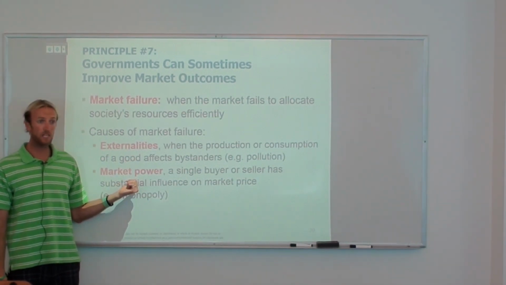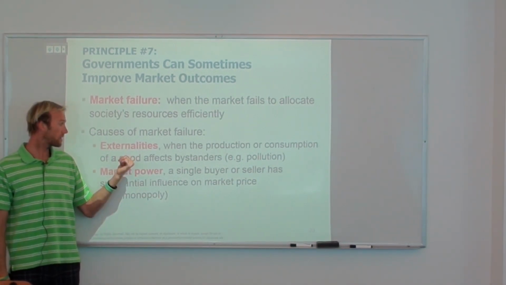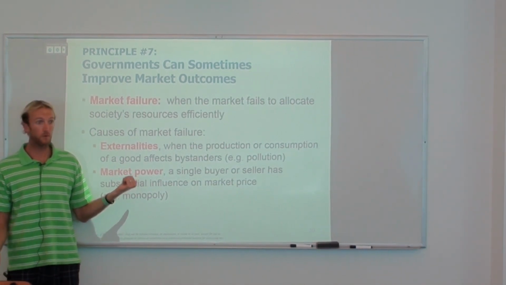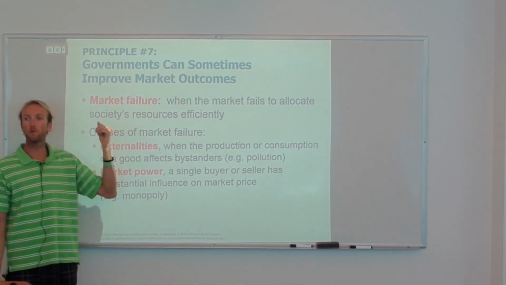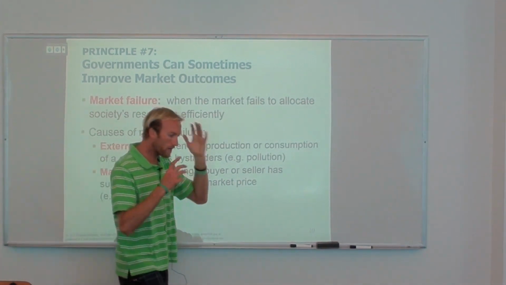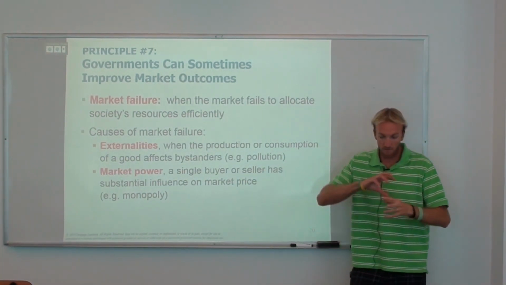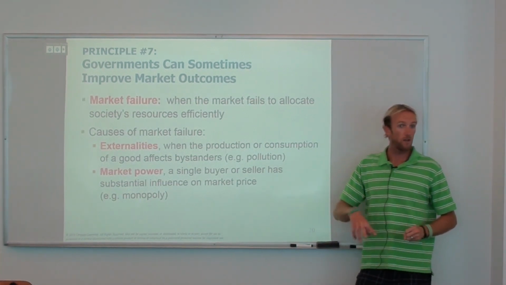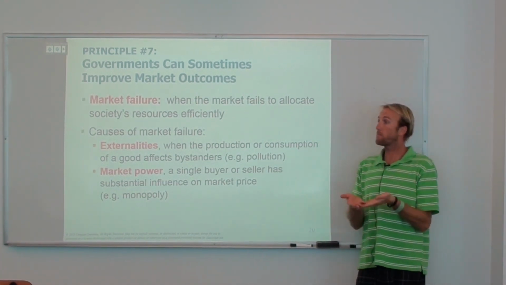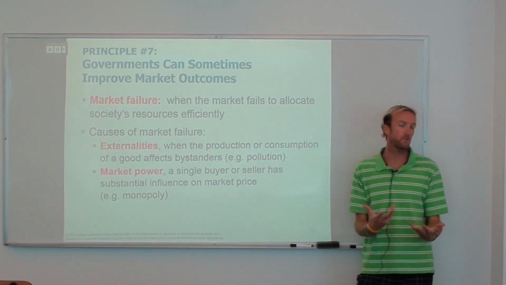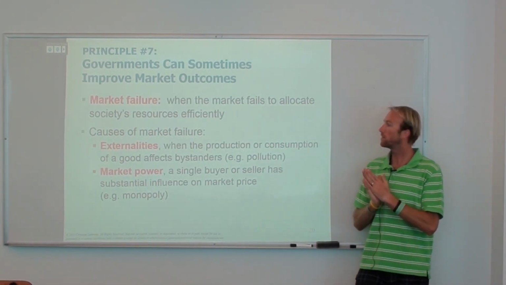If we have externalities or market power, or we don't have property rights from the previous slide, we have this thing called a market failure. So what does that mean, market failure? Basically, that means that this invisible hand thing's not working. Right? The people are getting together, they're trying to rip each other off, and whatever they decide on is not best for society. That's called a market failure.